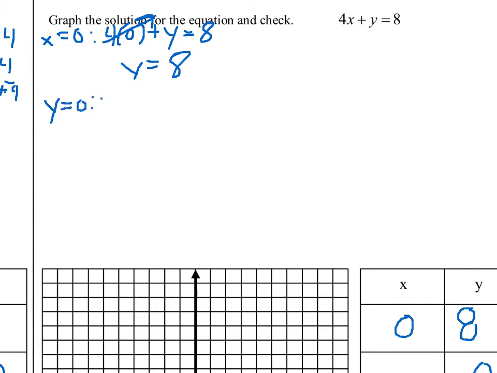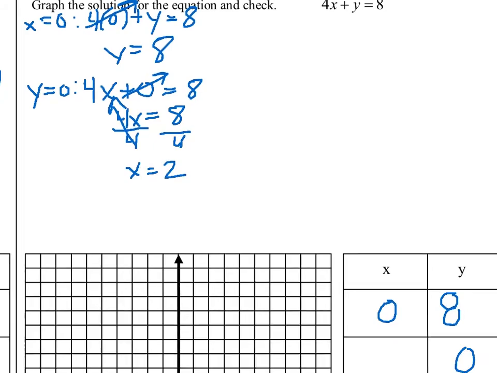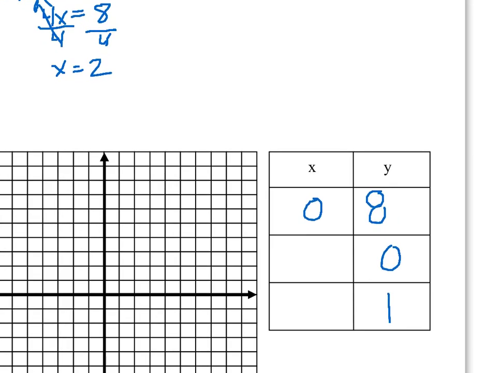So we're plugging in for y this time, not x, so x is still there. So that's just going to cancel out, giving me 4x is equal to 8 divided by 4. x is equal to 2. So that one's really nice.